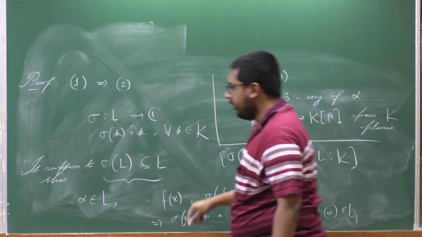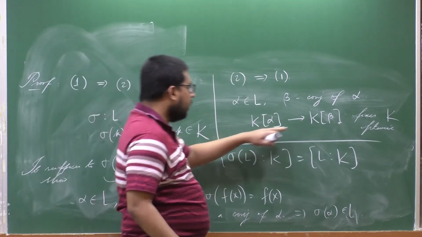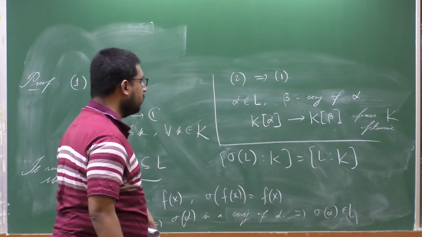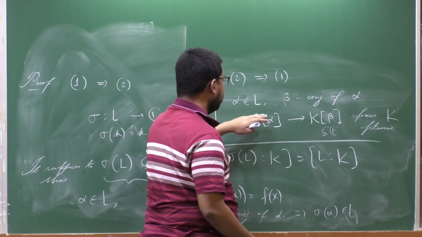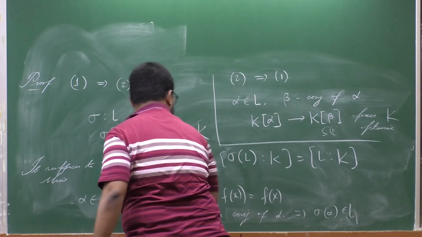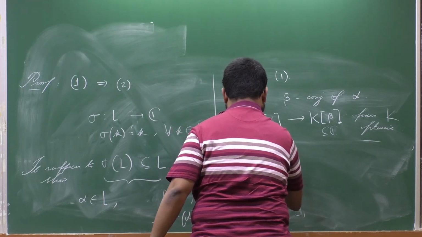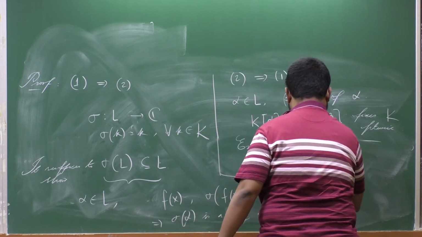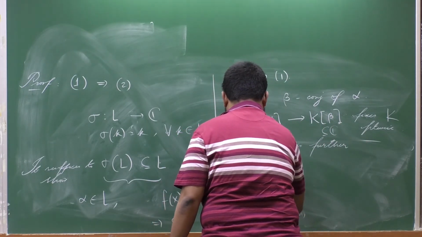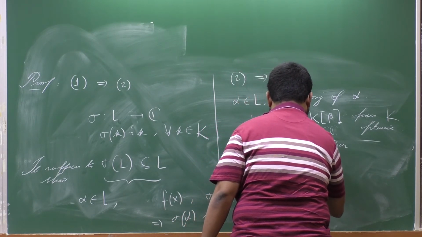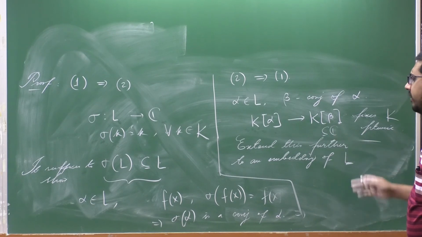Take the identity mapping, the natural inclusion of k in C, and that extends to an isomorphism, which is of course an embedding of k(alpha), and then we can further extend this to an embedding of L. Since this fixes k pointwise, this extension will also fix k pointwise.